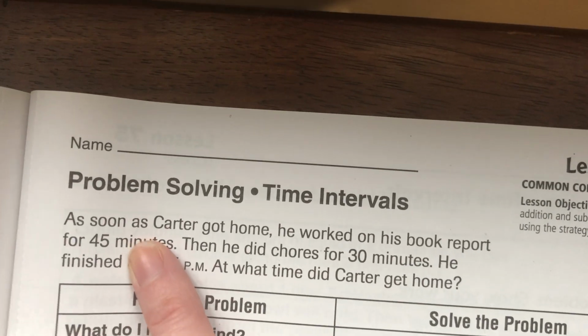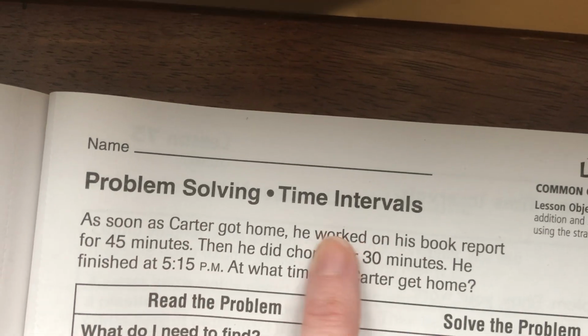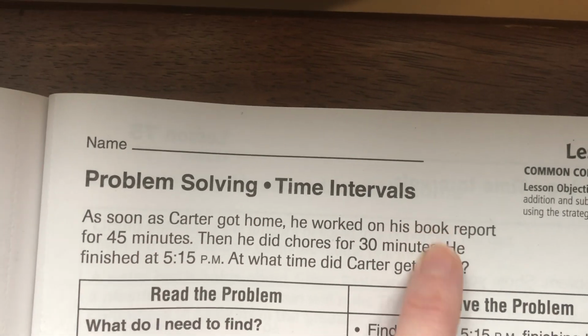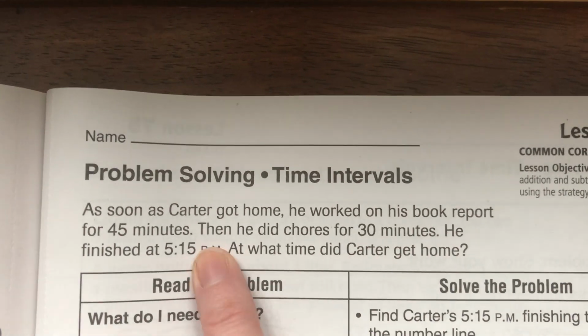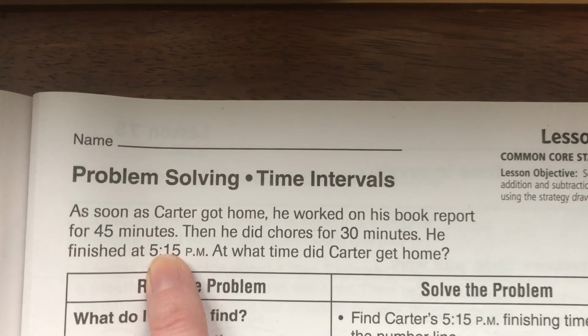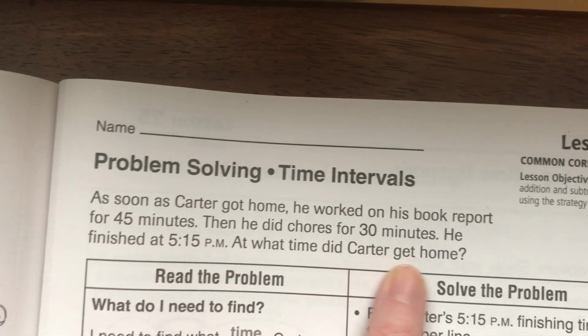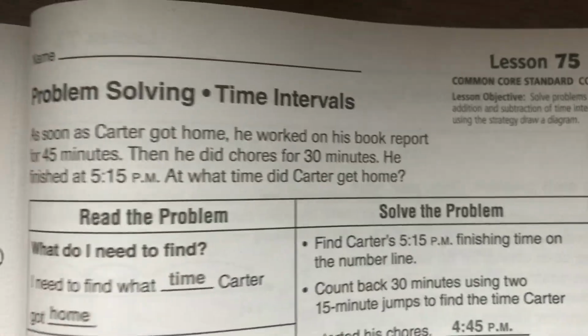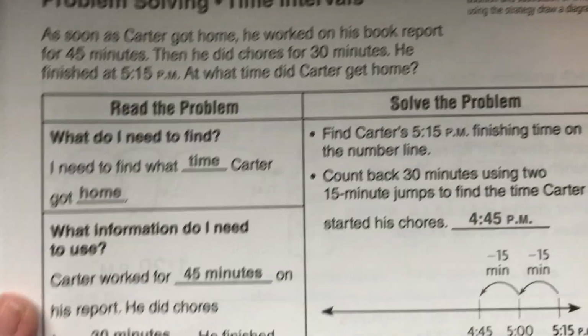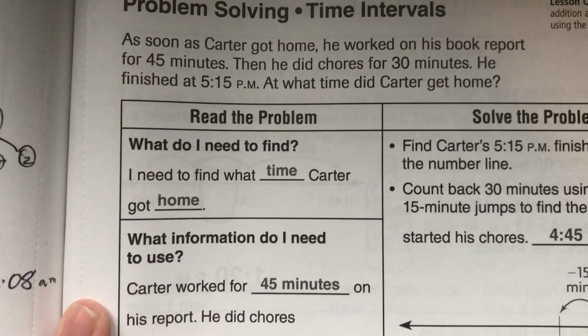Then he worked on his book report for 2 intervals of time. So they don't want to know what time he finished working. They tell us he finished at 5:15. They want to know what time he got home. So when did he get home before he started doing all of the work? That's important to keep in mind.